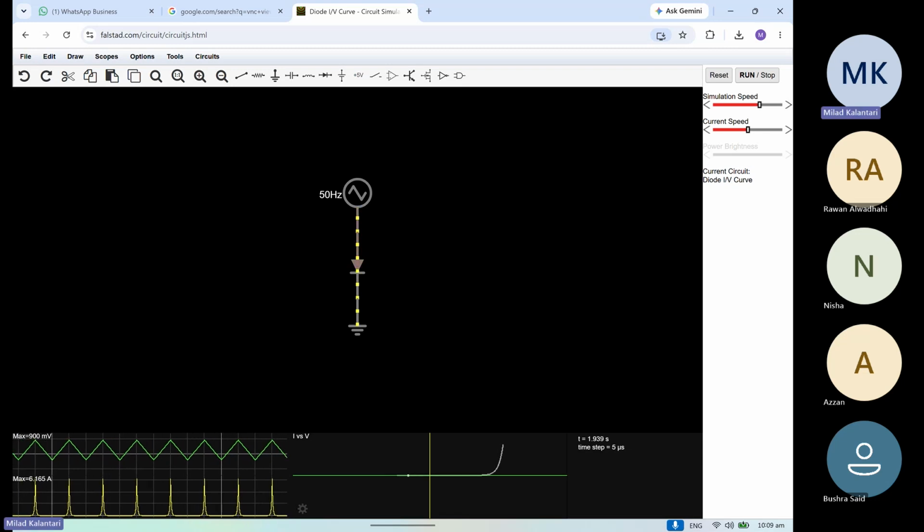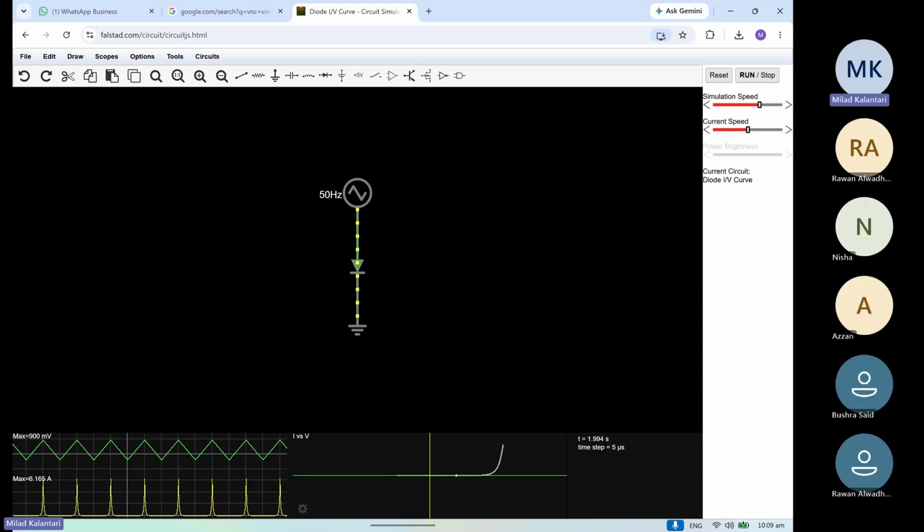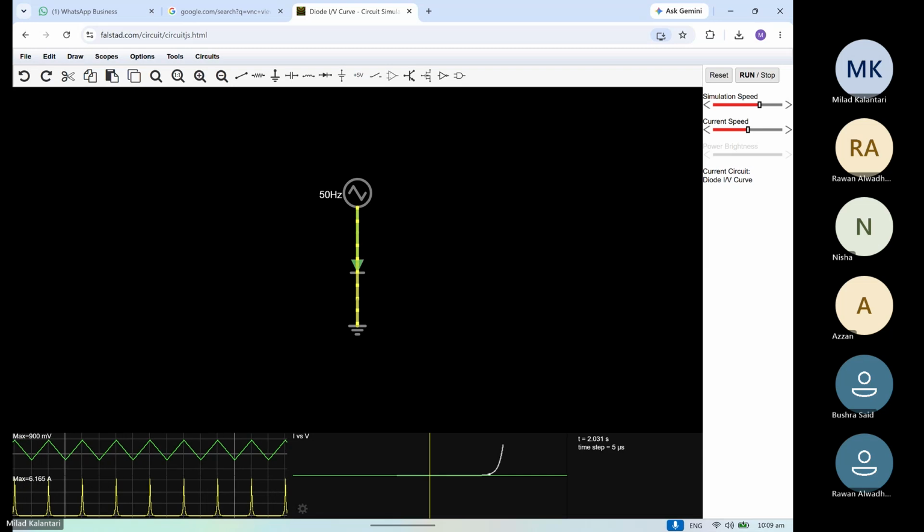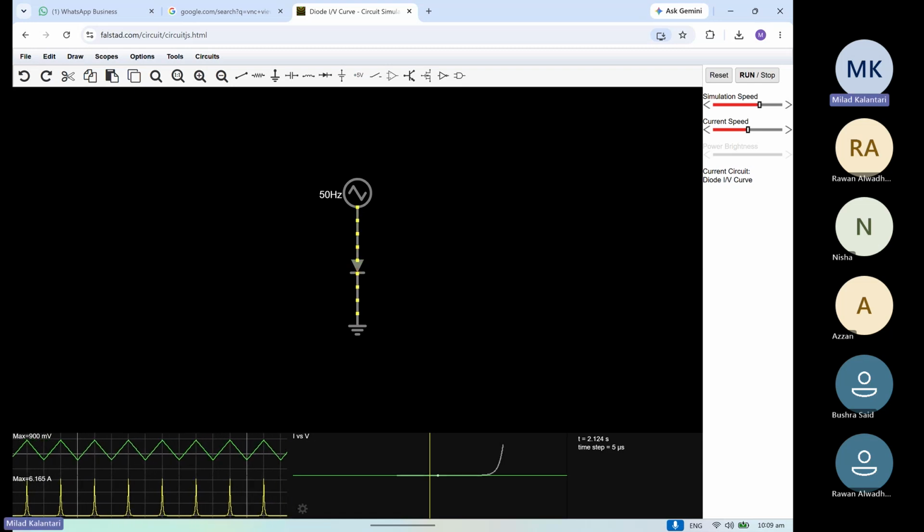Let's start with this demonstration showing here. I want somebody to help me describe what this simulation setup is doing.